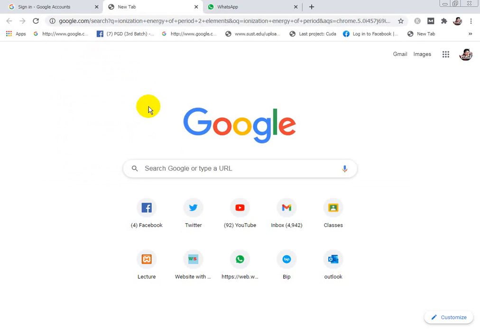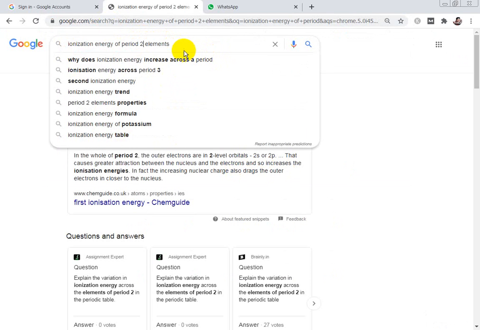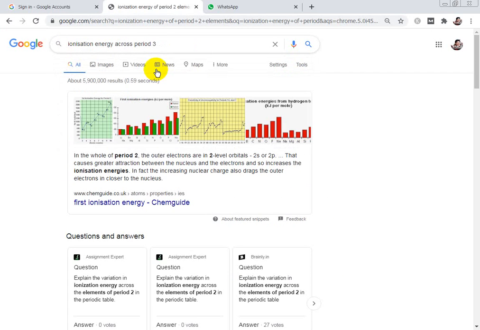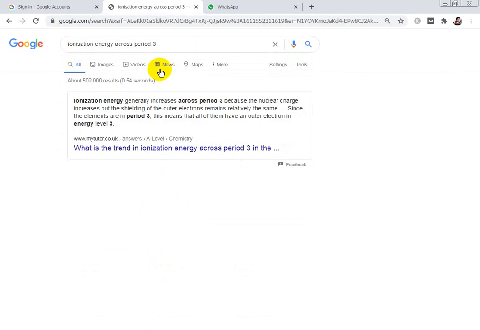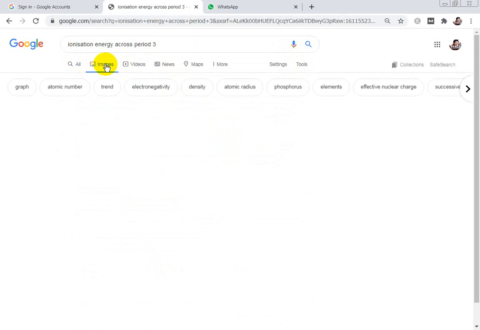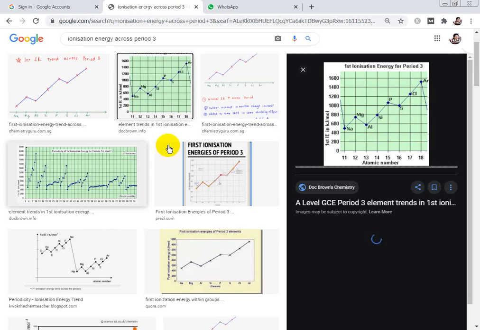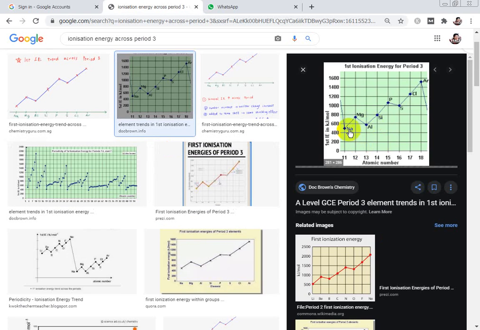Look at the image. Okay, look, this is sodium and magnesium.